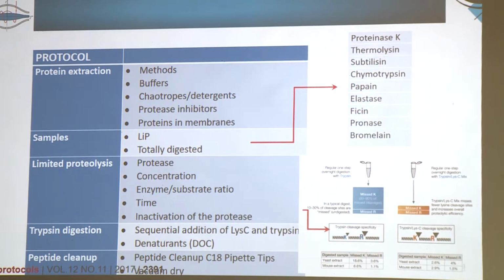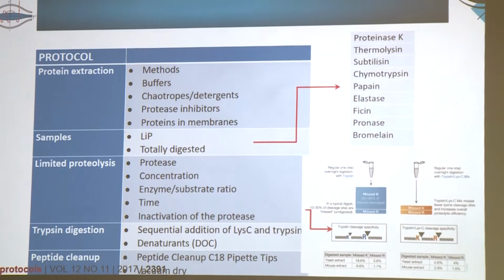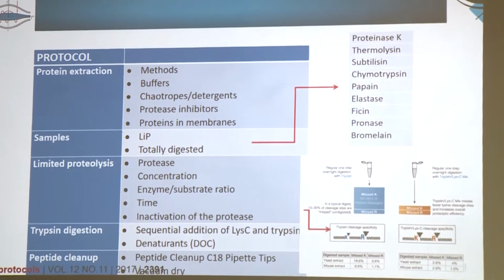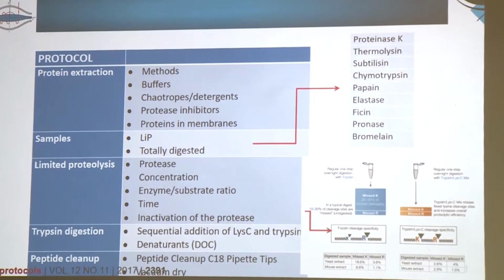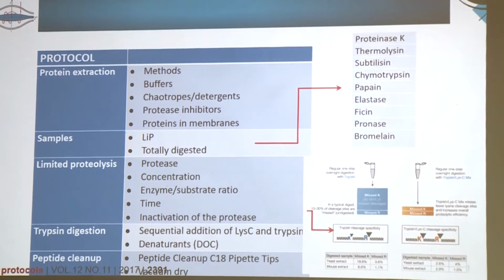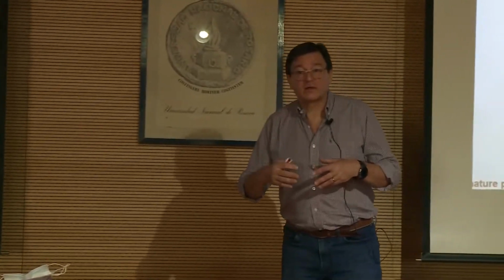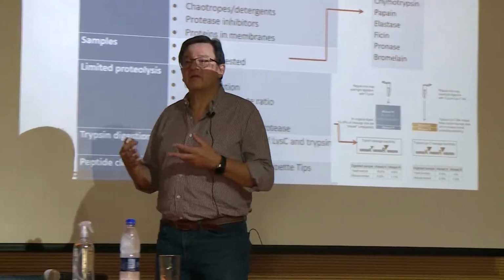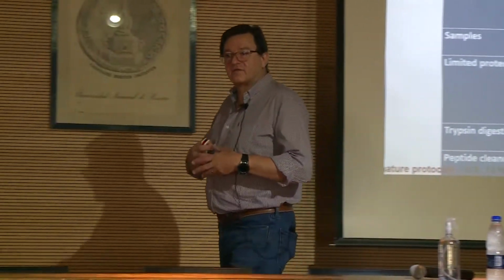In some cases, you may think to add some chaotropes or detergents, and it's always problematic to work with proteins in membranes because most of the protein in the membrane is protected from the protease, and if you use some detergent or some helper to take the protein out of the membrane, the situation that you have here is far away from the reality.